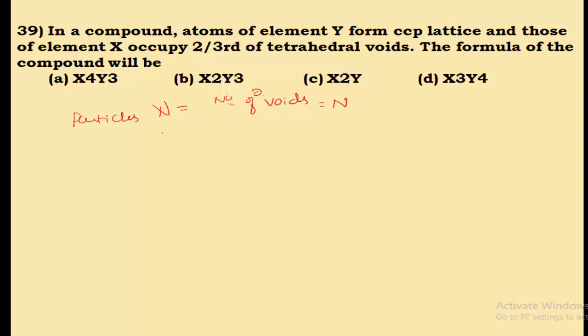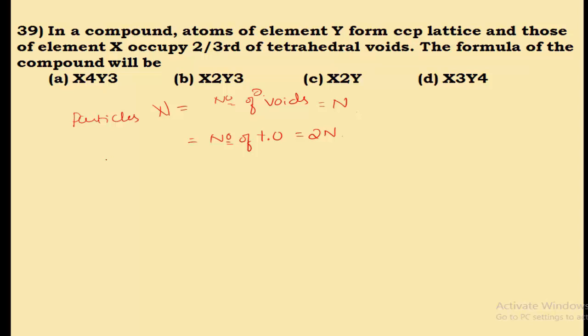If the number of particles is n, then the number of tetrahedral voids formed will be 2n.